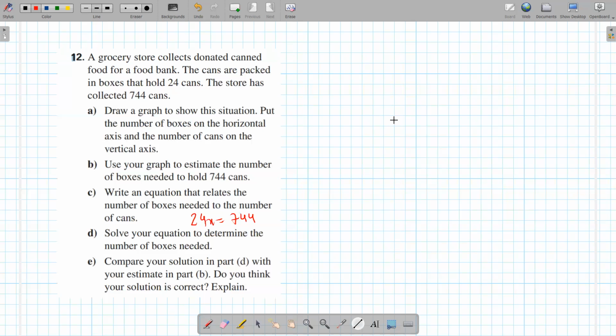Remember, it's a linear equation. What is our x and what is our y? If you think about this situation, what do they represent? What's the independent variable? What's the dependent variable?